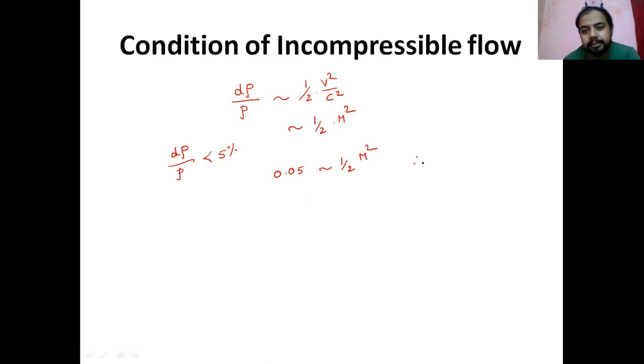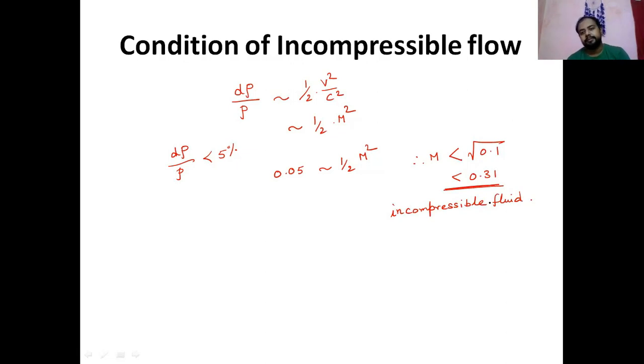That means if the Mach number is less than root over 0.1, whose value is nearly 0.31, if the Mach number is less than 0.31, we can consider the fluid as incompressible. In air, the sonic velocity, as you might have seen, is nearly 330 meters per second.